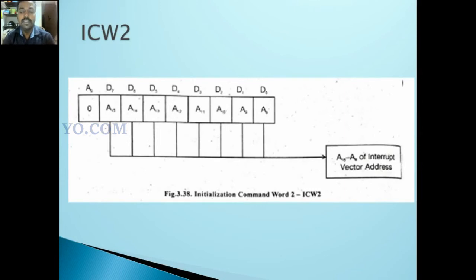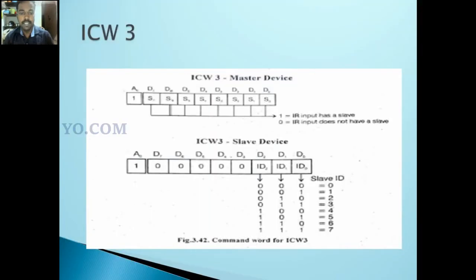If it is 0, that is 8085 mode. Okay, 8085 mode and 8086 mode. Actually, this 8259 can be connected with an 8086 or an 8085. If it is connected with the 8085, the first bit of ICW4 is set to 0. If it is connected with the 8086, the first bit is set to 1.